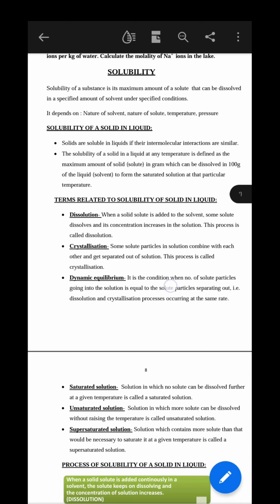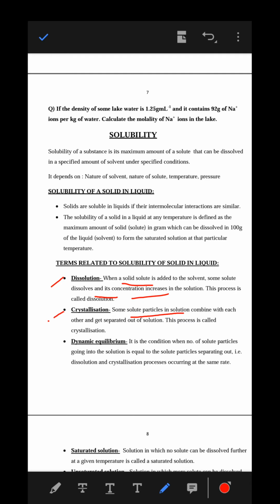Some solute particles dissolve and the concentration increases in the solution. This is known as dissolution. We will talk about the process of dissolution later. Then crystallization. Crystallization is when some solute particles in solution combine together with each other and get separated out of the solution. This process is known as crystallization.